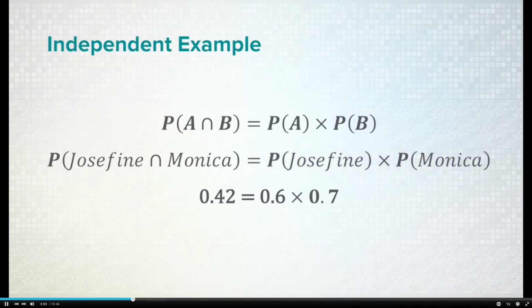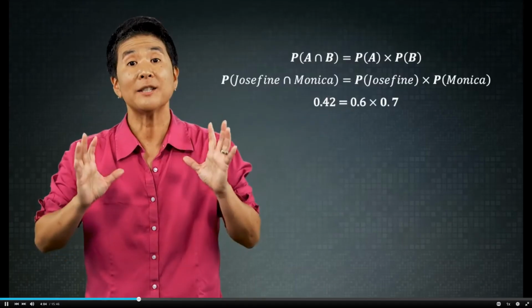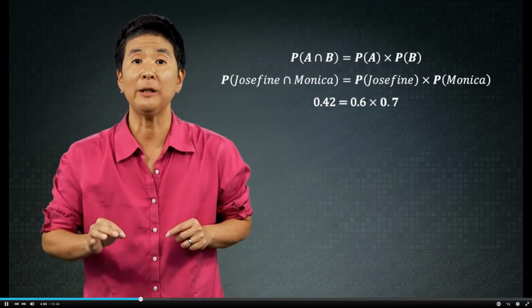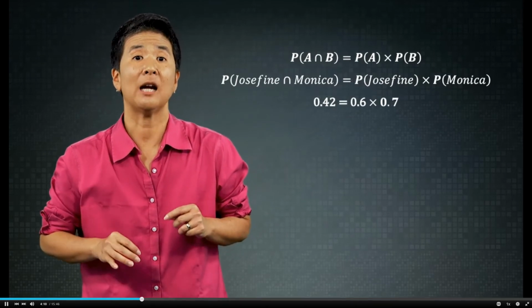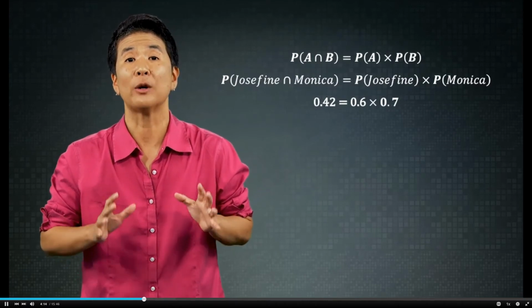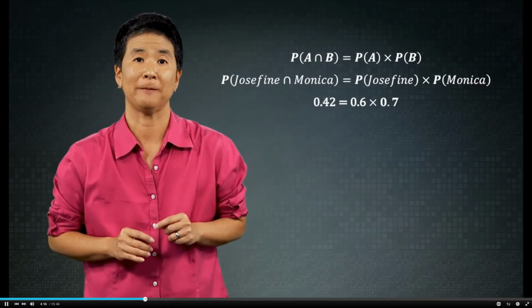The probability of both going is 0.42. Does that equal 0.6 times 0.7? Yes, it does. Since the probability that both of them go to the concert equals the probability that Josephine goes times the probability that Monica goes, we are in a case where these are independent events.